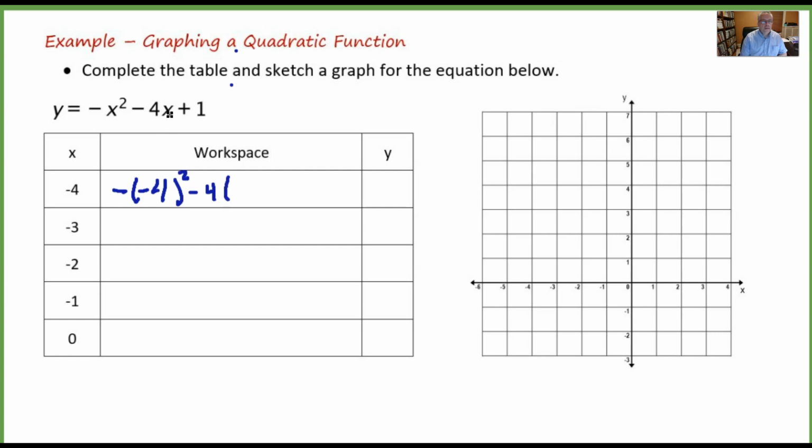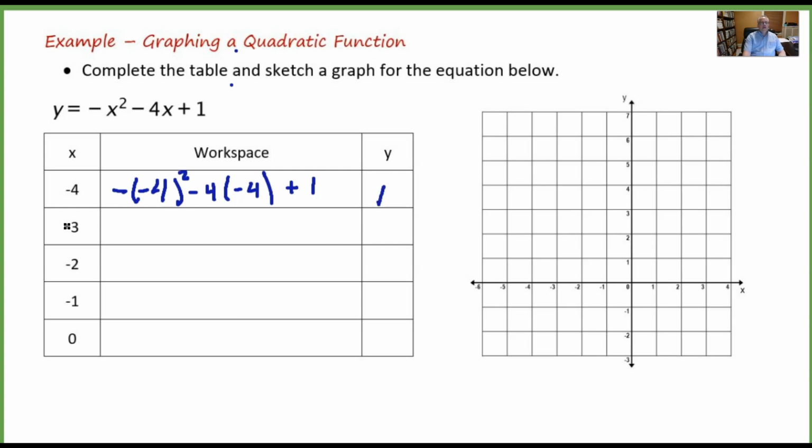I'm going to put in parentheses again -4, because that's the value of x, plus 1. All right, so I'm being really careful how I write this, putting parentheses around the x value. Okay, if you do that, you can just enter this into your calculator, and it'll give you the correct result here. And it turns out all of that ends up being 1.